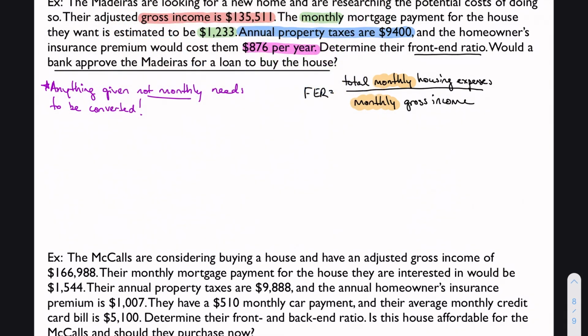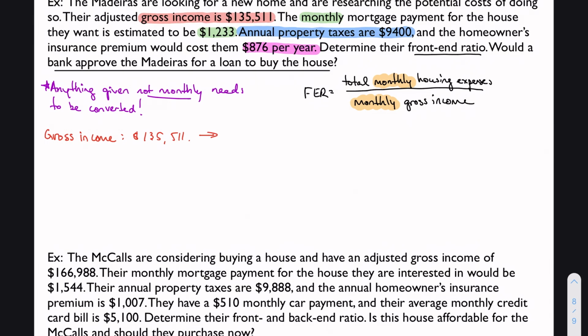So my gross income is $135,511. That's annual, so I need to convert that to months. To do that, I'm just going to divide by 12. 135,511 divided by 12.